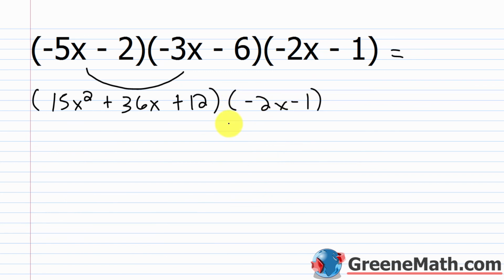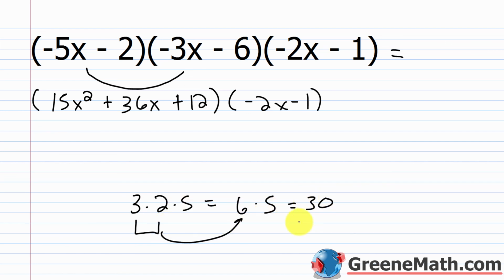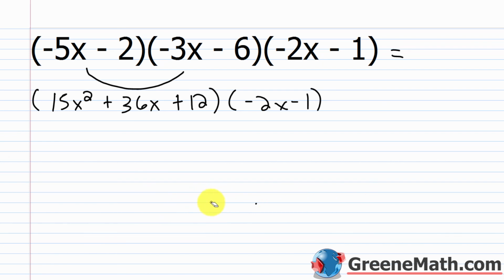An easy way to think about the step we're at now: if I had 3 times 2 times 5, I would do these two first if I wanted to. 3 times 2 is 6, and then I'd have 6 times 5. That's exactly what I did here. I multiplied these two together first, and now I have that product times this last one. The end result is 30. And again, you can switch the order around if you want. It doesn't matter. You're going to end up with the same result.